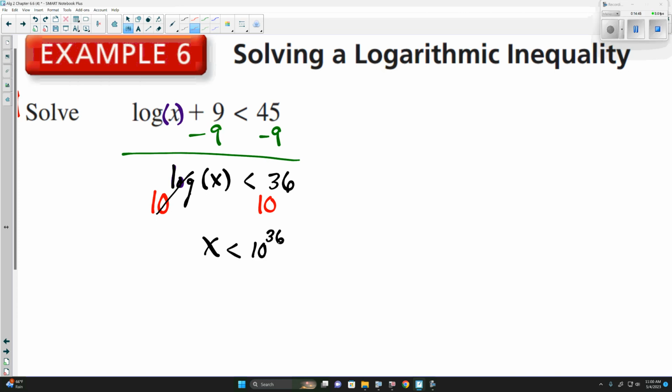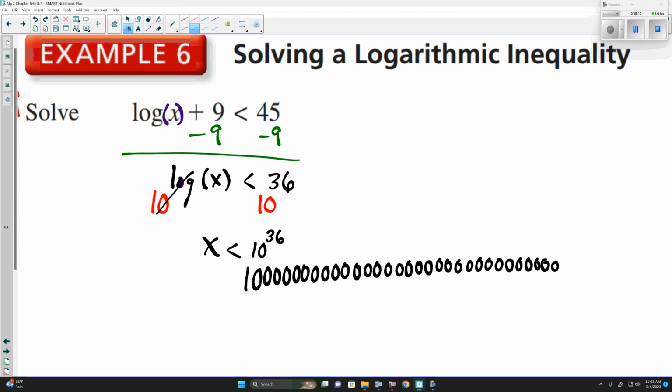10 to the 36. How many zeros will 10 to the 36 have? It would be 36 zeros. That would be that number.